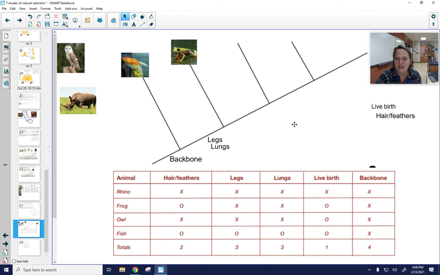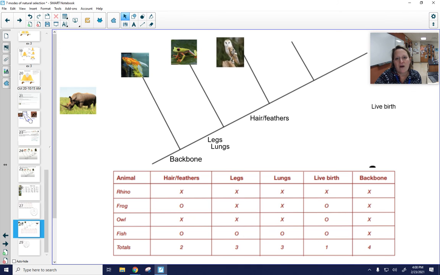Then we're going to look at the next trait that we came up with, and that was hair and feathers. Hair and feathers were not shared by the frog or the fish, but now the owl does have hair and feathers. So this is saying anything above, the owl included, has hair and feathers.